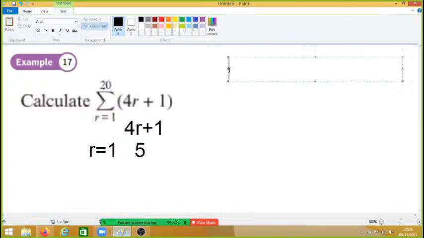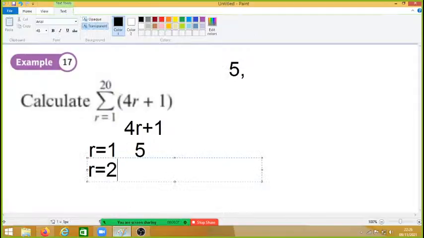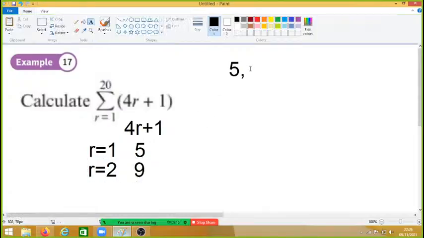So that's our first number in the sequence. Let's go with r is 2 now. So it's going to be 4 times 2 plus 1. That's 8 plus 1 is 9. So the next number in the sequence is 9.